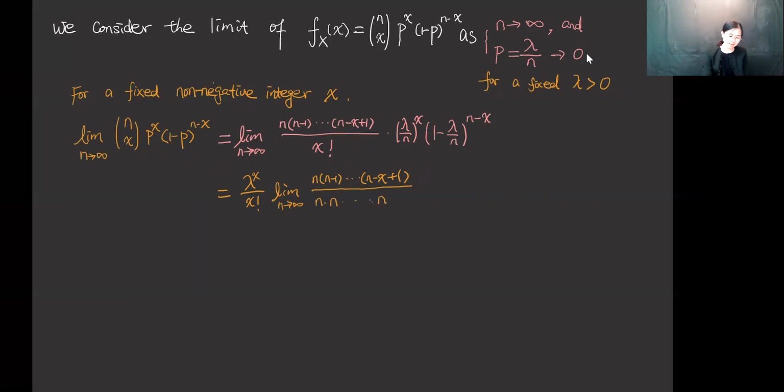And there are x number of n's on the bottom, and there are also x number of terms on the top. And also that times 1 minus lambda over n to the power n times 1 minus lambda over n to the power minus x.